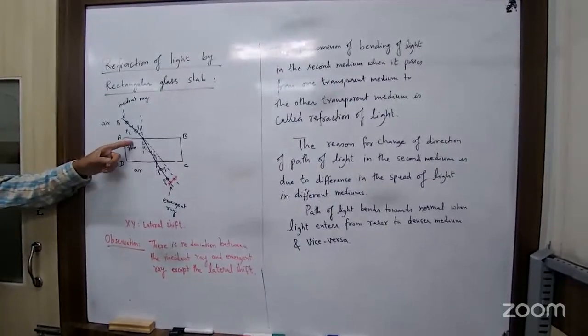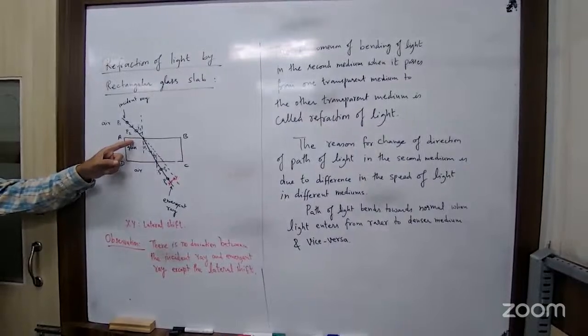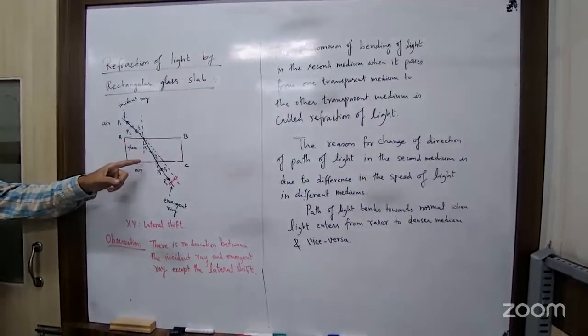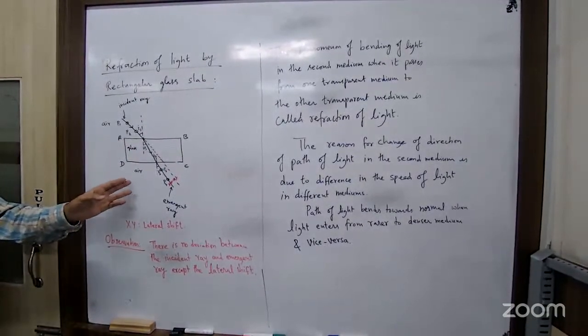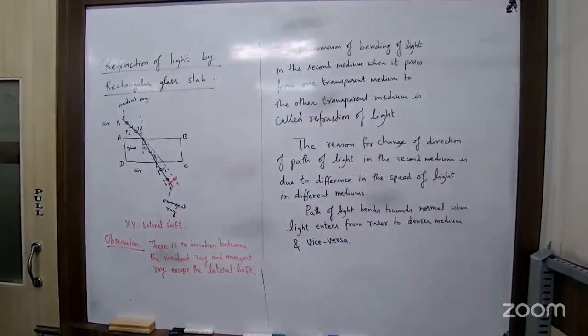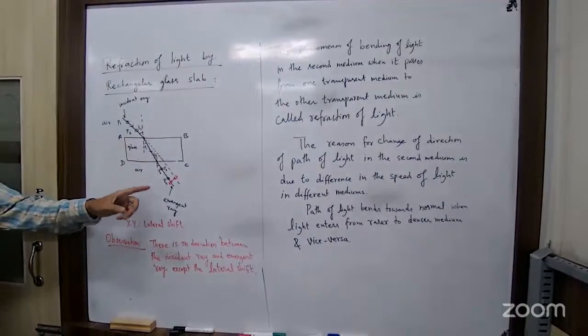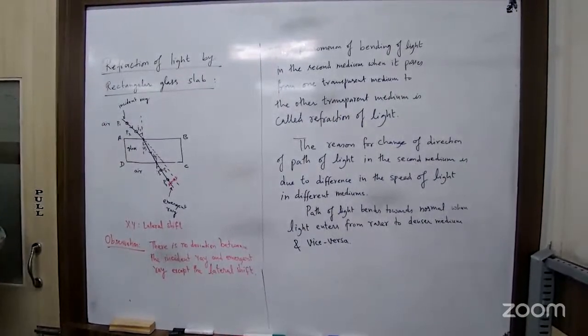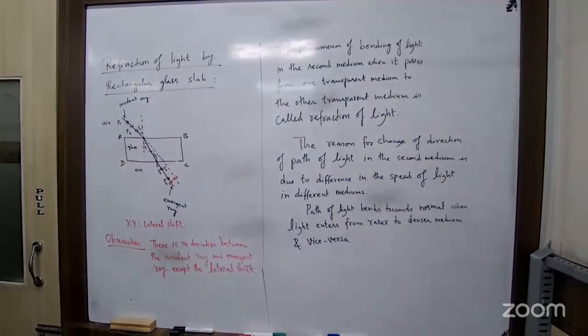Whatever refraction of light takes place at boundary AB, the opposite happens at boundary DC. So that's why the incident and emergent rays are parallel to each other. Right?